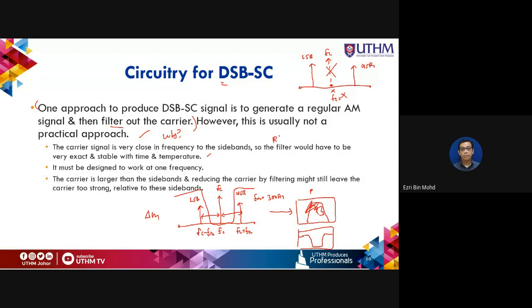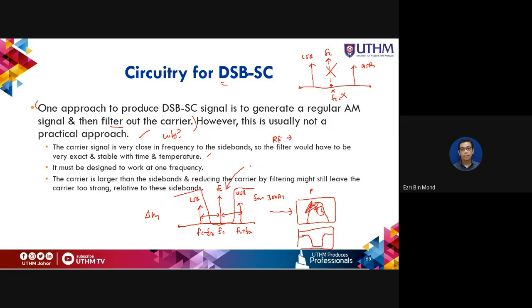The RF signal is actually not consistent or constant all the time. It would be affected by time and operating temperature. So a filter like this, in theory we can produce, but in practice it's very difficult.